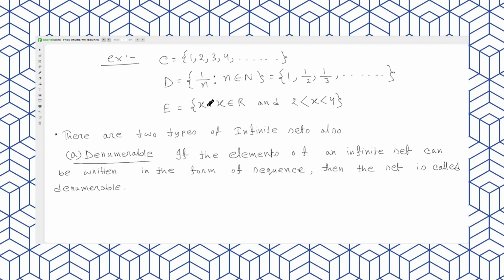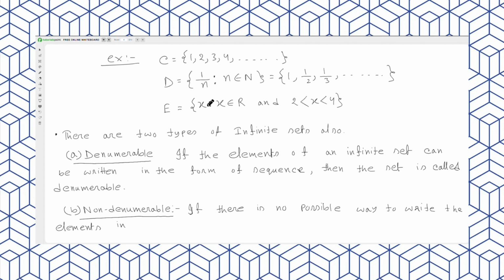In the other example, set E can never be written in the form of a sequence or in tabular form, because x is a real number between 2 and 4 and there are infinitely many numbers between them. If there is no possible way to write the elements in the form of a sequence, then the set is non-denumerable.